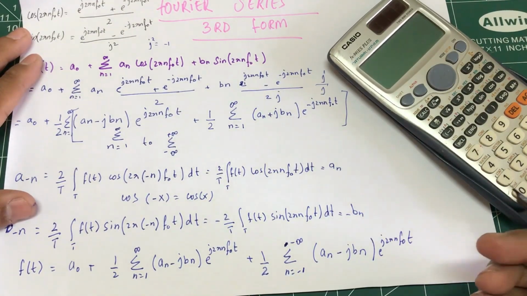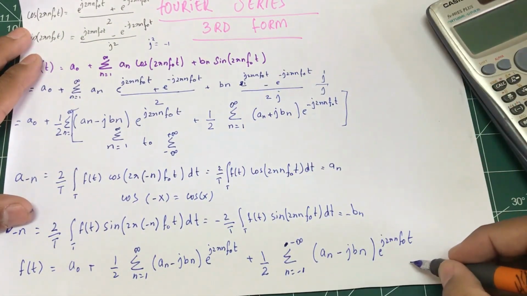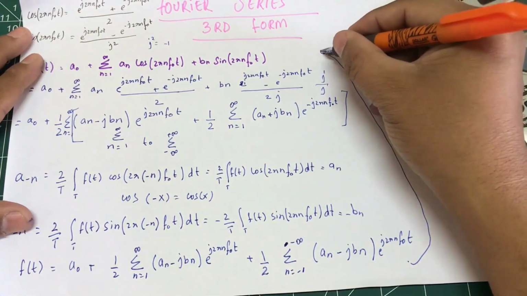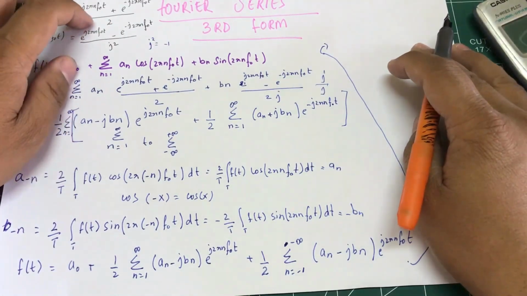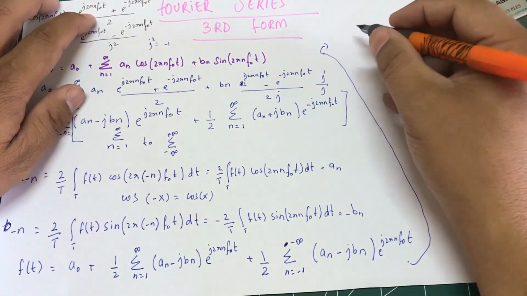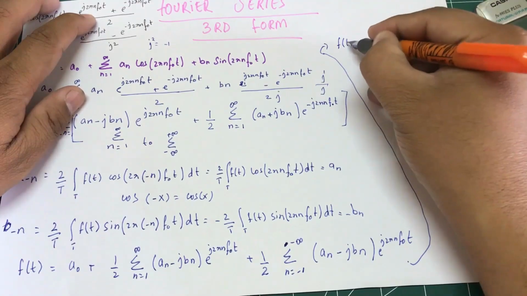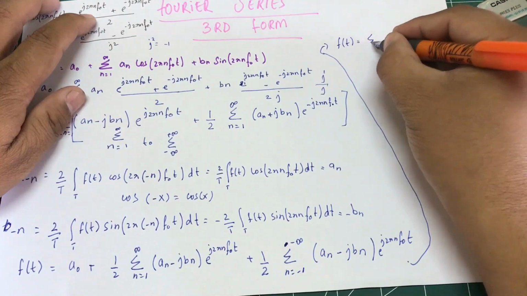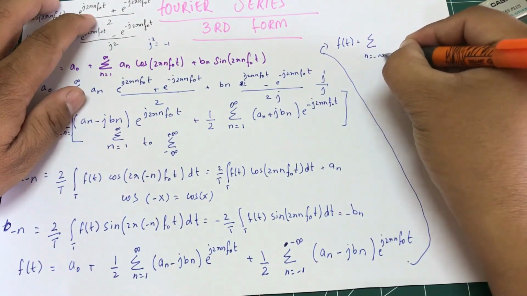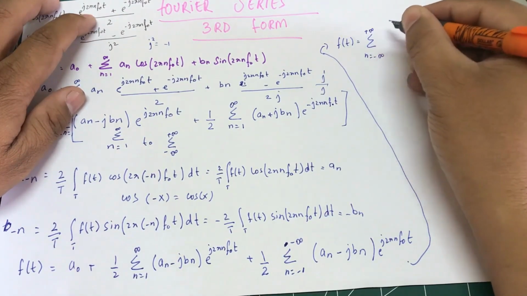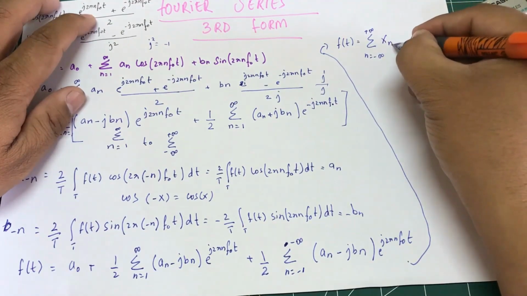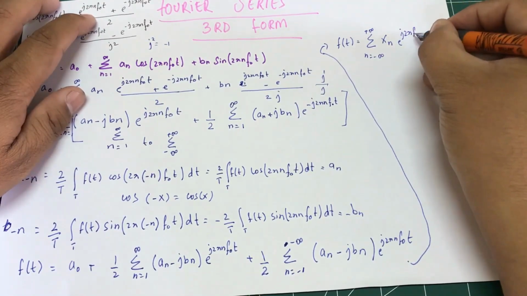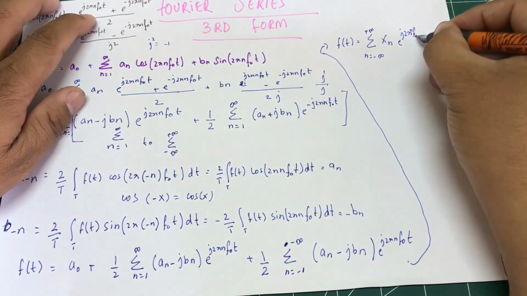All right, so I can summarize this as this. So this would become this whole thing. So f of t, according to this third format, is going to be the summation as n goes from negative infinity to positive infinity of x of n e to the j 2 pi n f0 t.